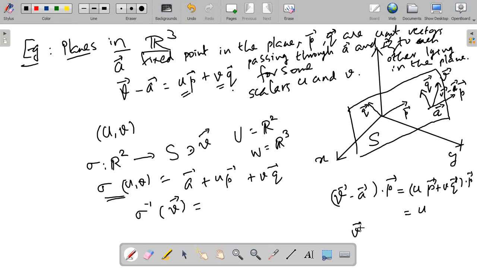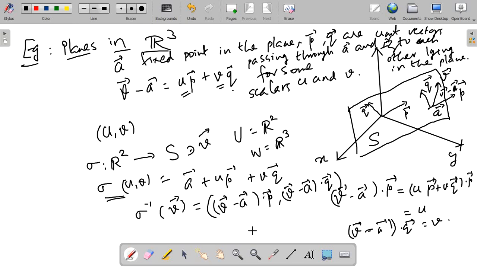Similarly, if I take vector V minus vector A inner product with vector Q, I will get v. So u and v can be retrieved by means of this formula: the inner product of V minus A with vector P, comma, the inner product of V minus A with vector Q. This is the formula for sigma inverse.